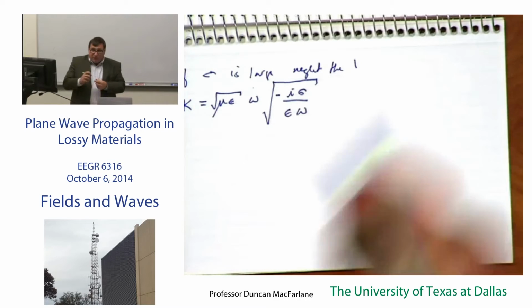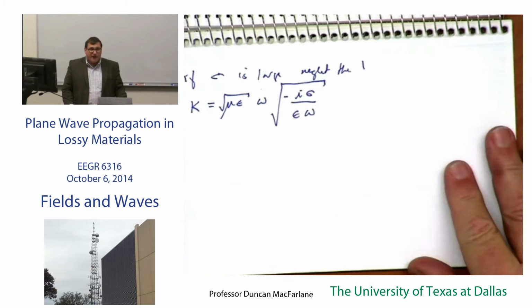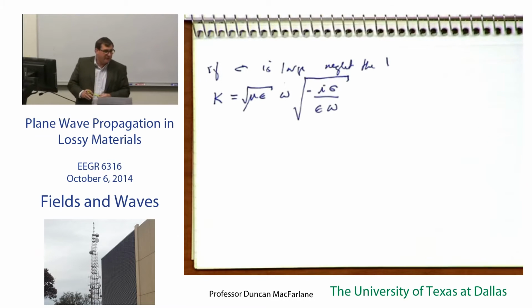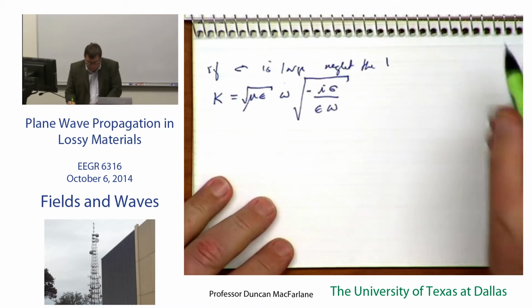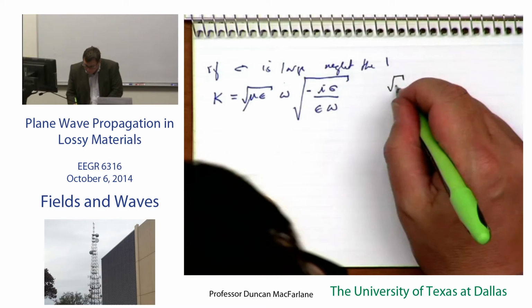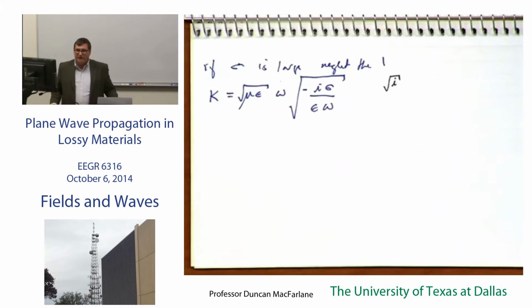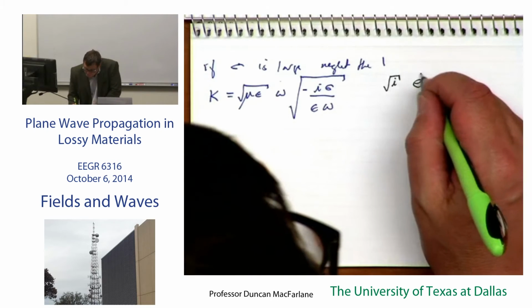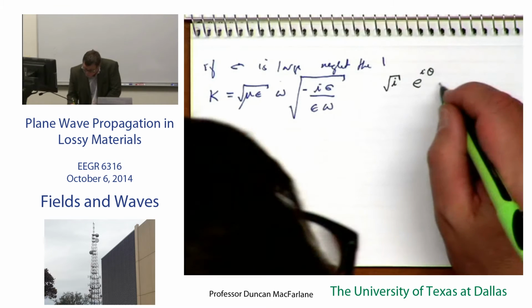But we have to remember one of those silly little fun facts from high school mathematics. We have to figure out what to do about that square root of i. We get there by Euler's relationship.